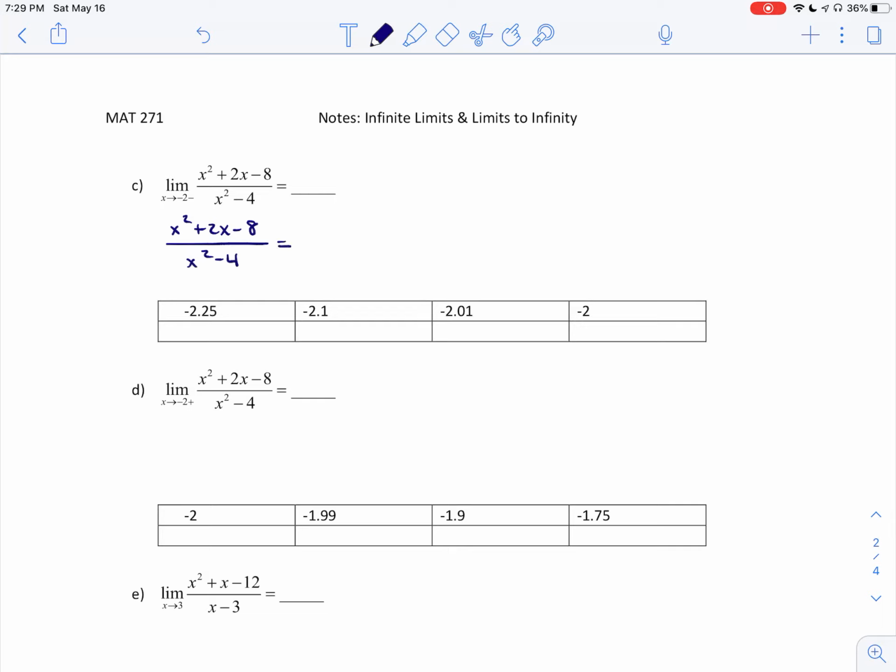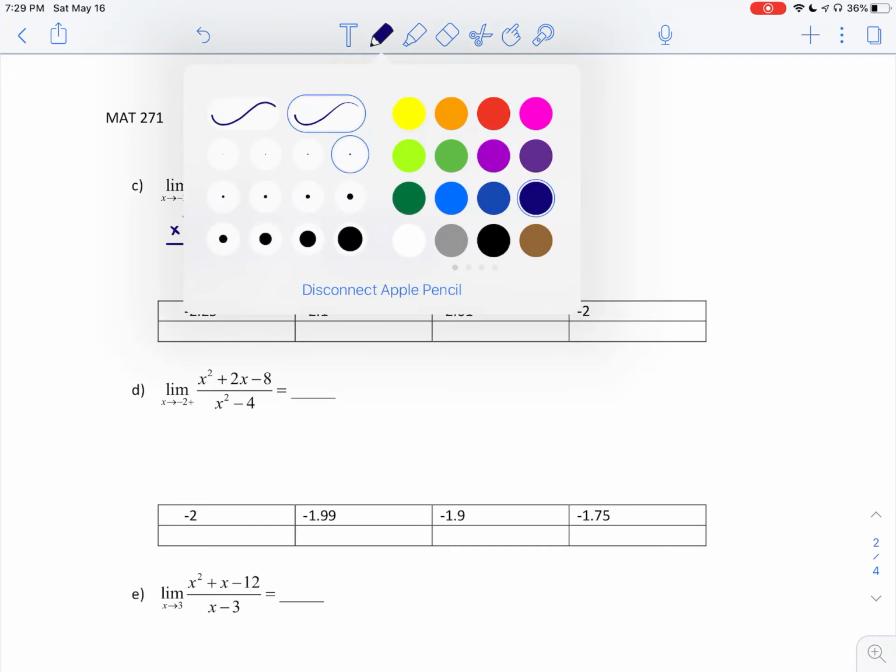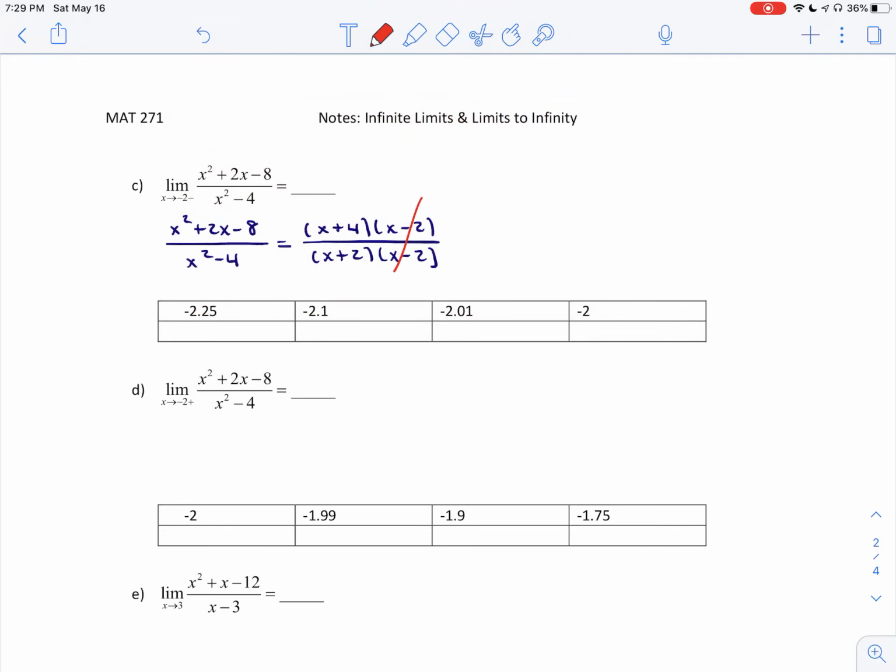All right, so the numerator, we can factor this as x plus 4 times x minus 2. And the denominator, we can factor this as x plus 2 and x minus 2. So we have a common factor here of x minus 2 on the top and the bottom.